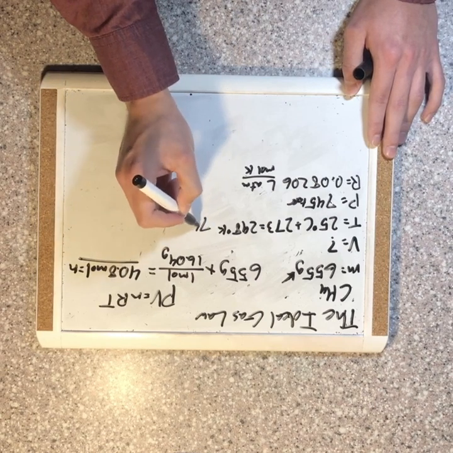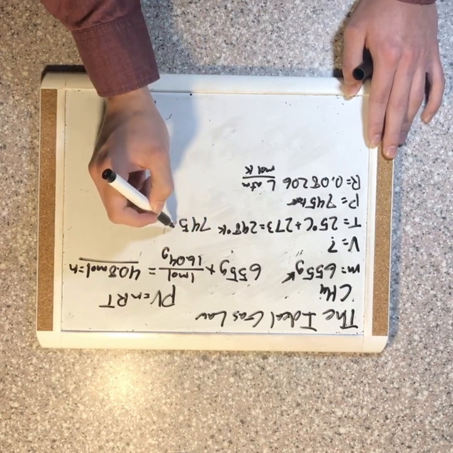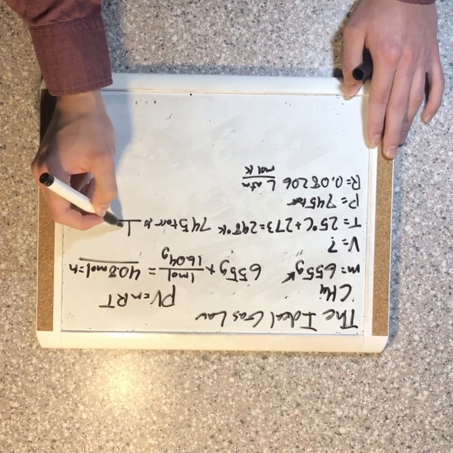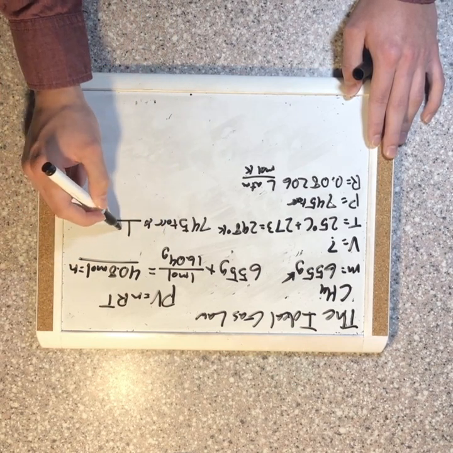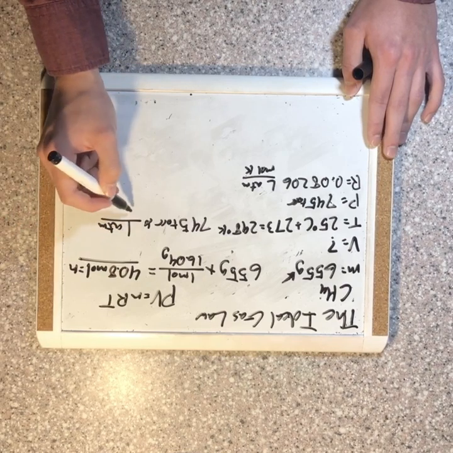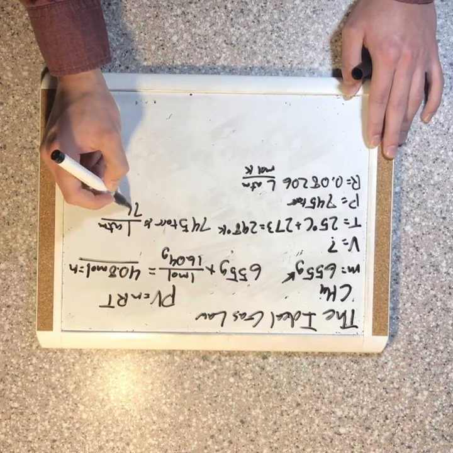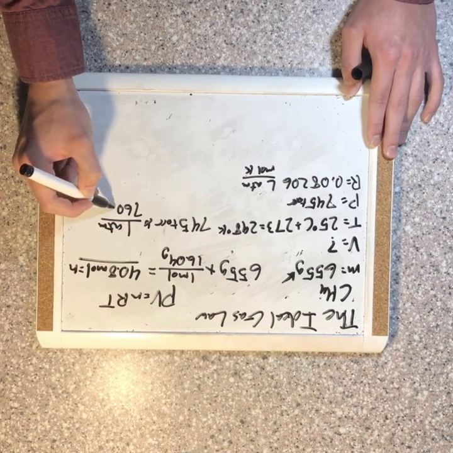We have 745 torr. We put what we want at the top, atm, and there are 760 torr in one atm, or 1 atmosphere.